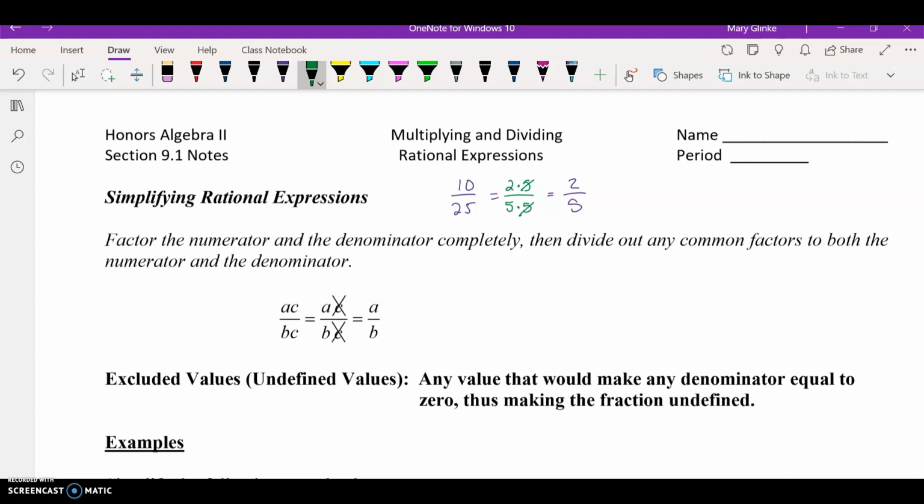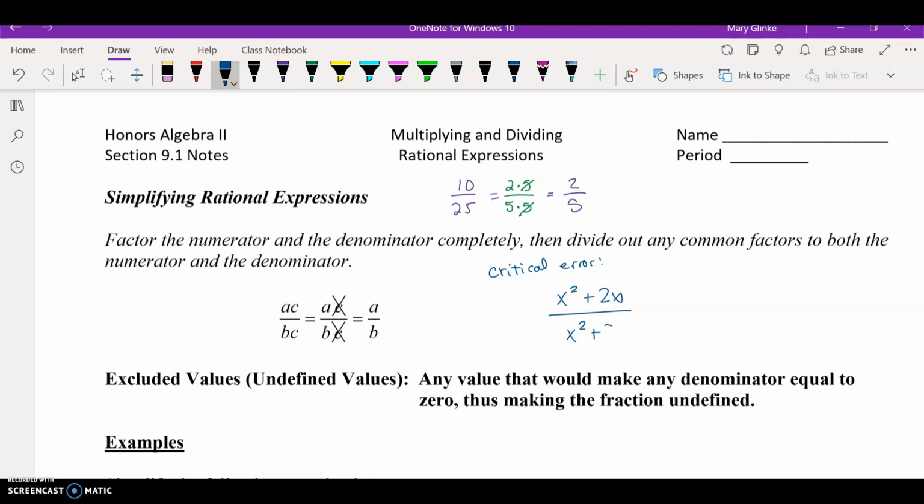We're just going to be doing this with polynomials. So in order to reduce rational expressions, you have to reduce common factors. Now, I am saying that word factor, which means you have to be careful. Here's a critical error for this unit. This is something that happens all the time, but this is a critical error.